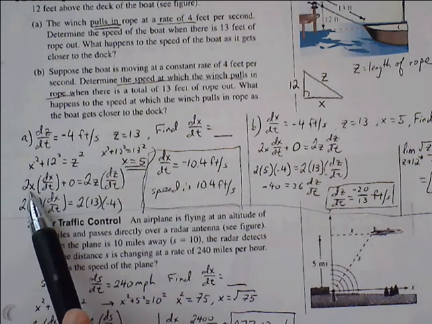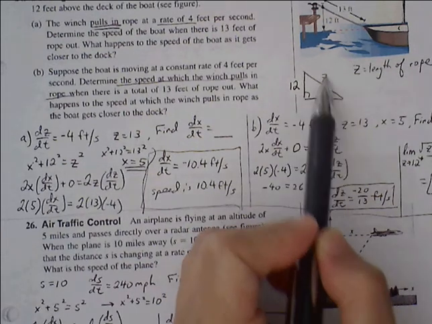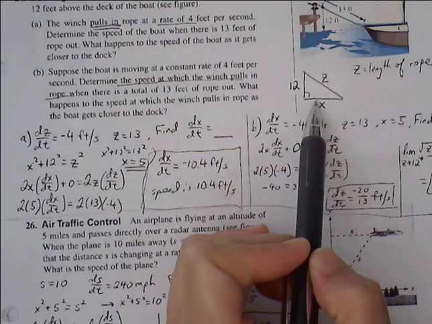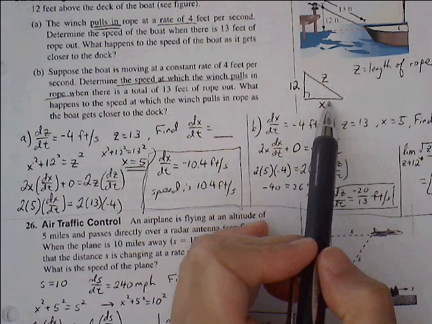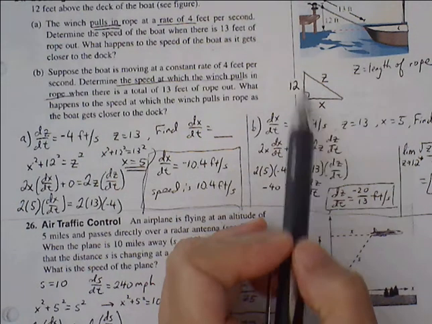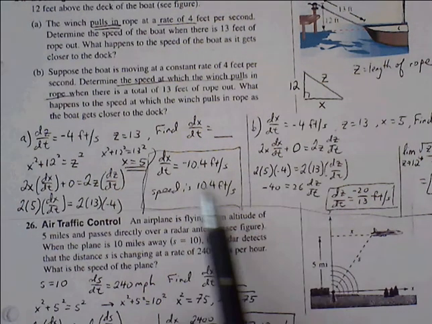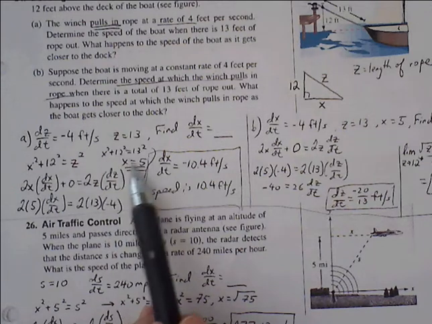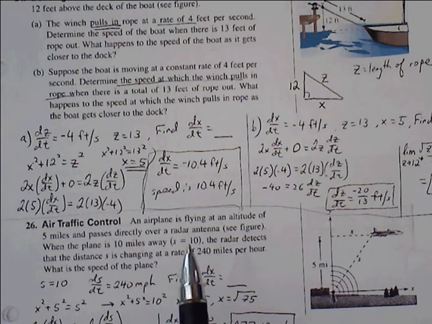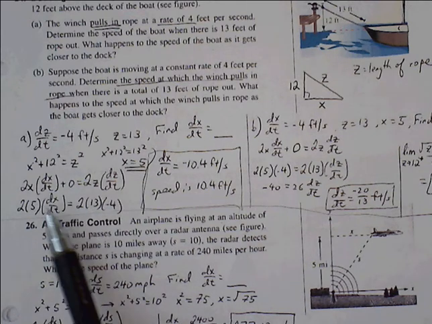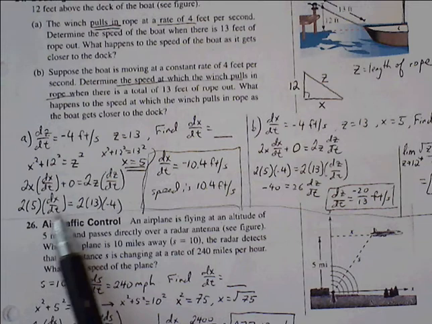So to find this x, we go back to our diagram. We know that at this specific moment that we're talking about, x is 5. So if I do 5 squared plus 12 squared, I can make that equal to z squared, and from there we can solve for x, so x equals 5. So now we found x being 5, replace 5 for x, and then we can solve for dx/dt.